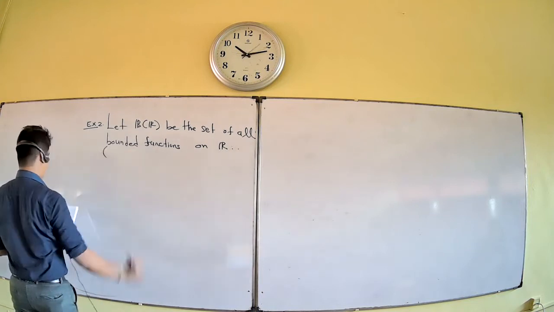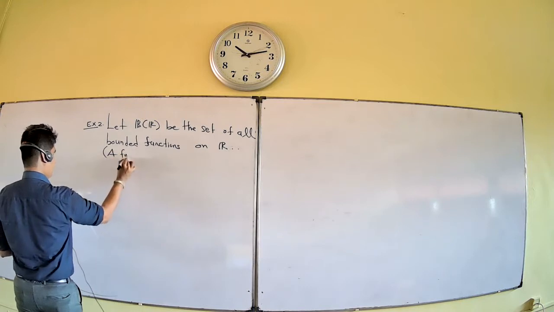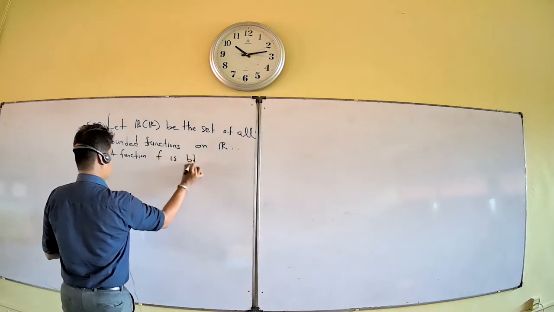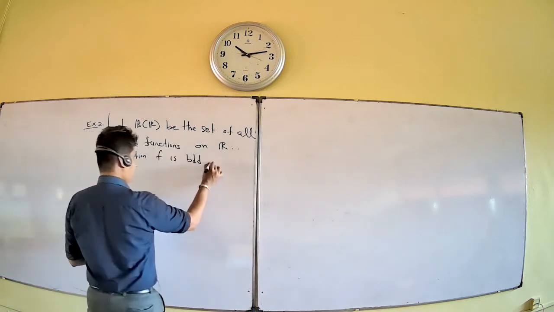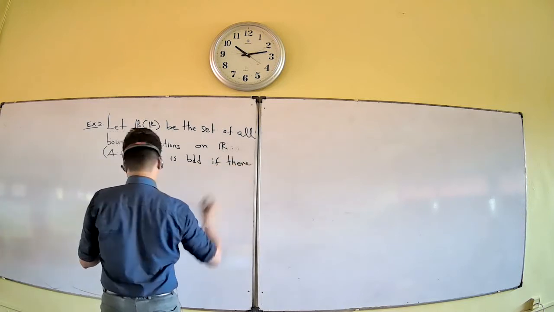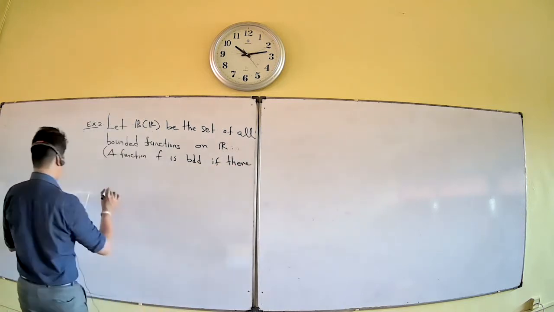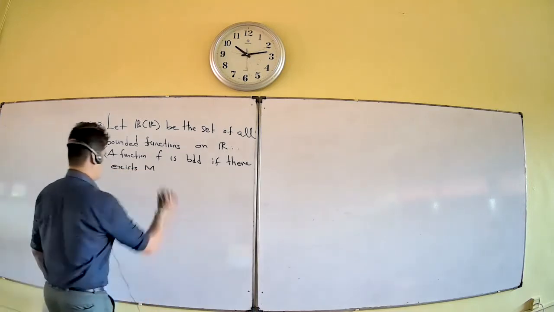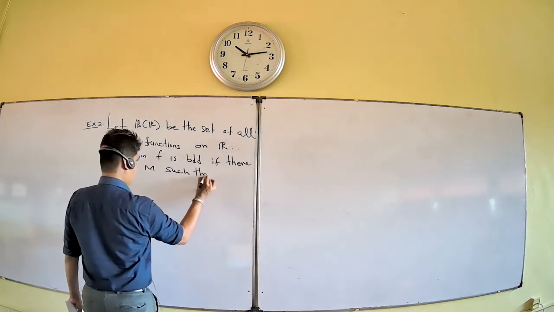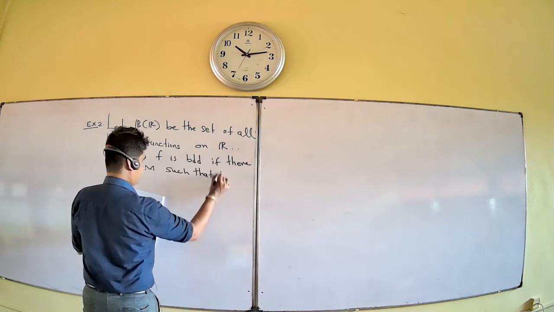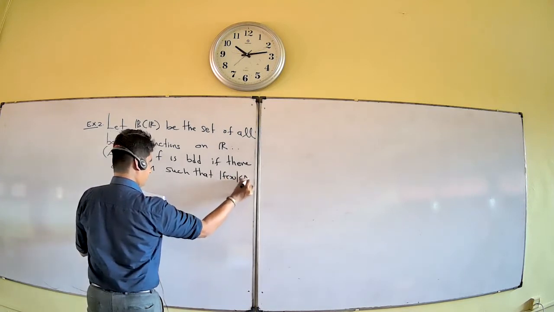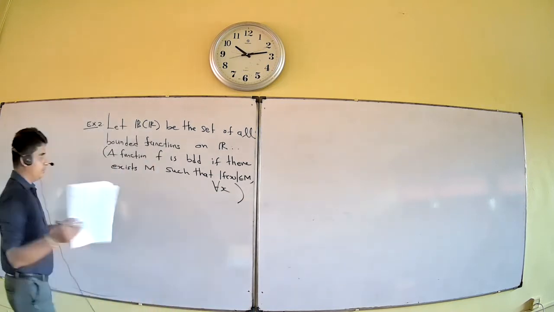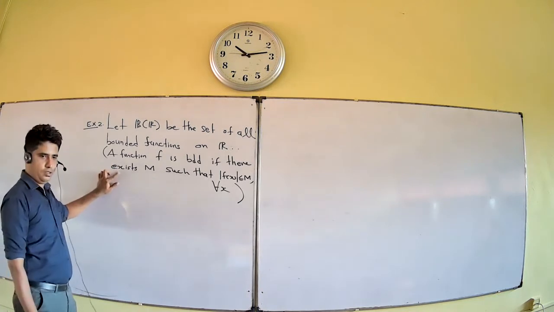So what is the condition for a bounded function? f is bounded if there exists M such that |f(x)| ≤ M for all x. That is the bounded definition. Okay.